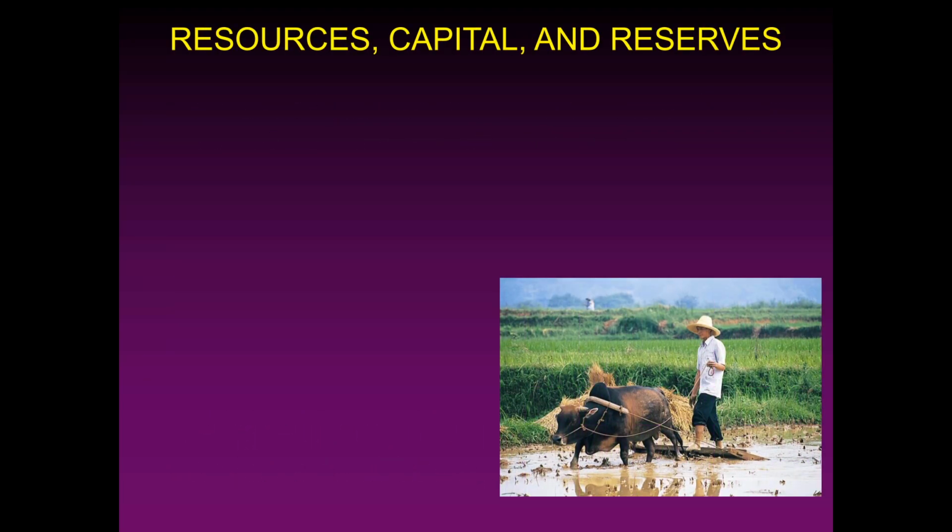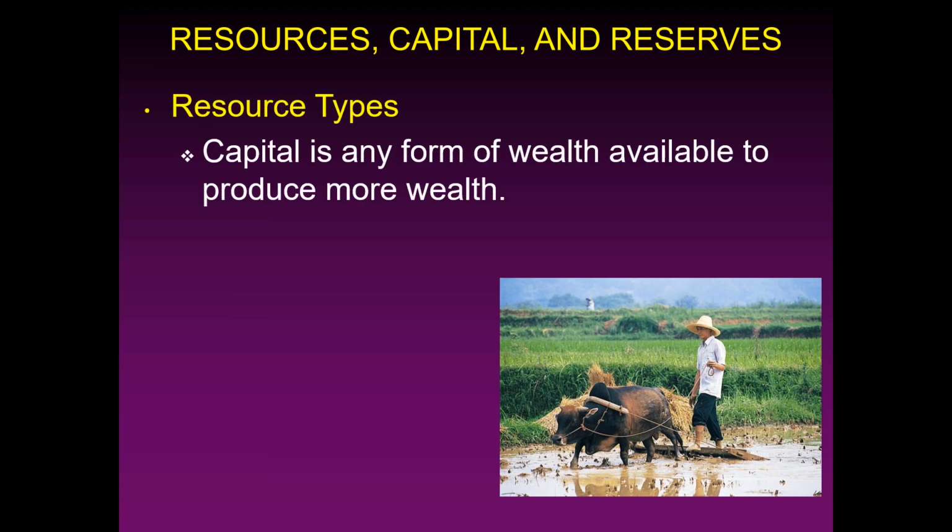Looking at resource, capital, and reserve. So with the different types of resources, capital is any form of wealth available to use to make more wealth. Money is technically, depends on the situation, but dollars are not considered to be part of capital because they don't actually produce more wealth, while stocks are considered to be capital because they do produce more wealth.